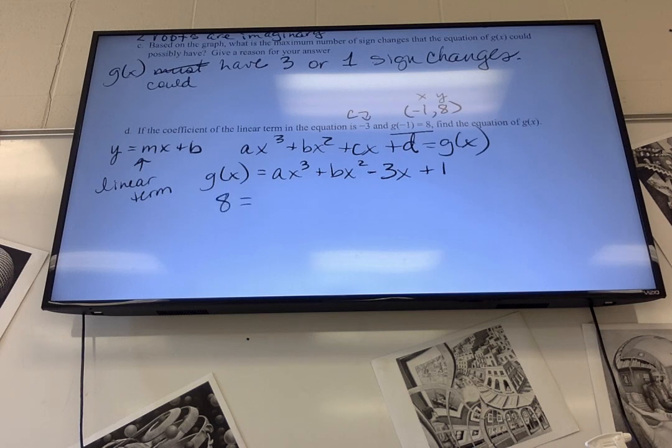So 8 equals, and everywhere I see an x, I'm going to put negative 1 in its spot.